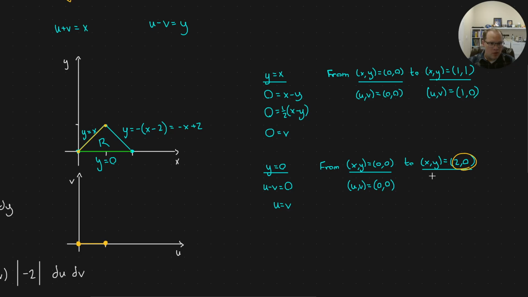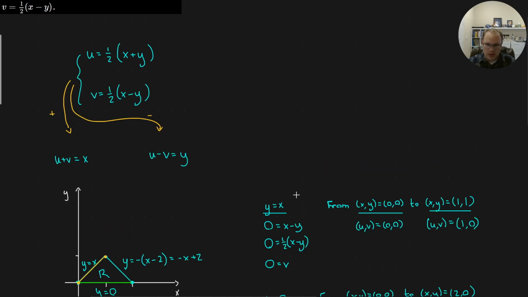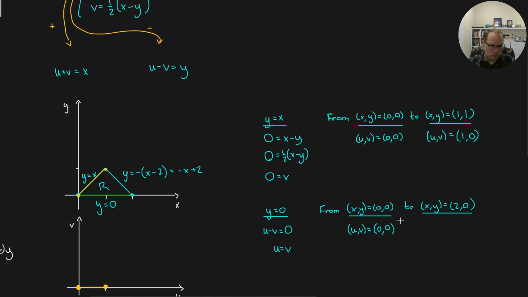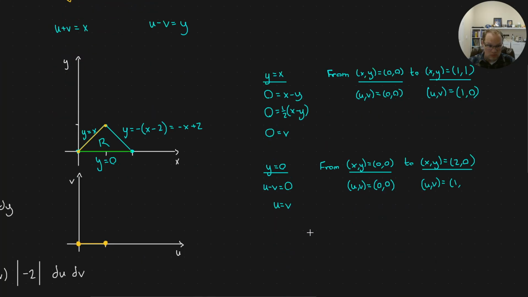What about 2, 0? When x and y are 2, 0, this one I will have to plug in. So let's go back to our formulas here. When x is 2 and y is 0, u is going to be 1. And when x is 2 and y is 0, v is also going to be 1.